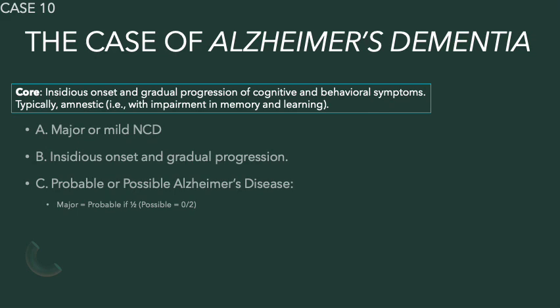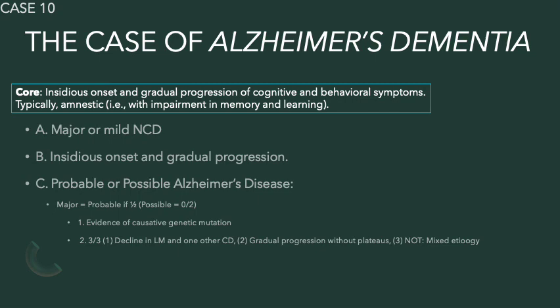So, probable major neurocognitive disease, Alzheimer's type, if one of the 2 following are present, or possible if 0 of the 2 are present. So 1 is evidence of causative genetic mutation, and 2 is 3 out of 3 of the following: decline in learning and memory in one other cognitive domain, gradual progression without plateaus, and not due to mixed etiology.